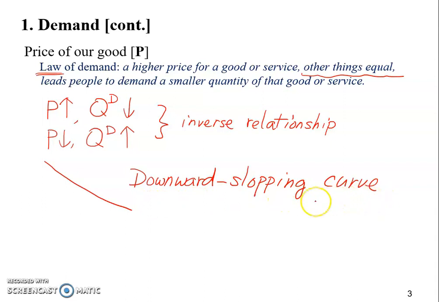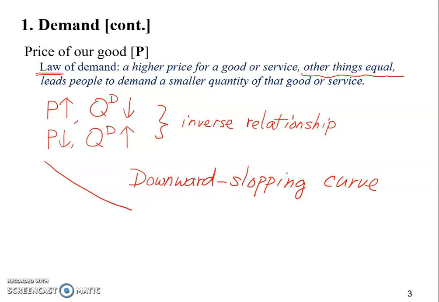It could be a curve, it could be a straight line, it doesn't matter. Actually, later in your life, if you're working for a company doing marketing surveys, you ask people on the street different prices and how much they're willing and able to buy, and once you get all the data, you draw your own demand curve.